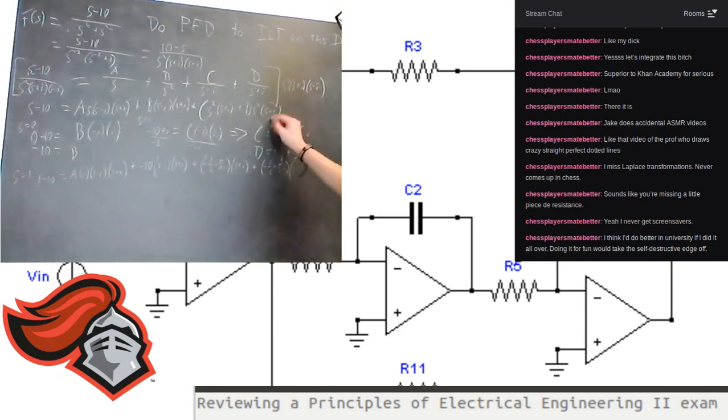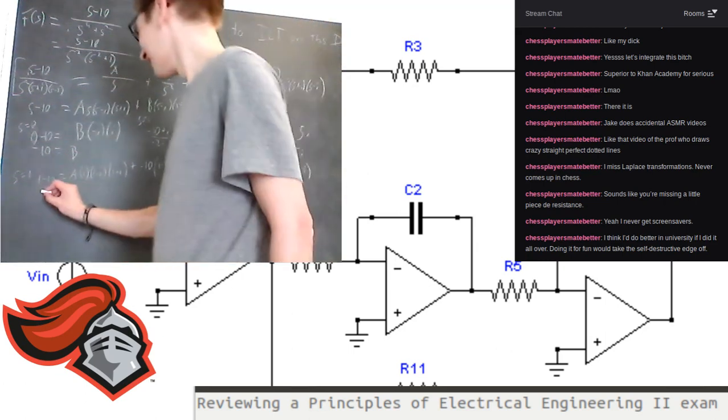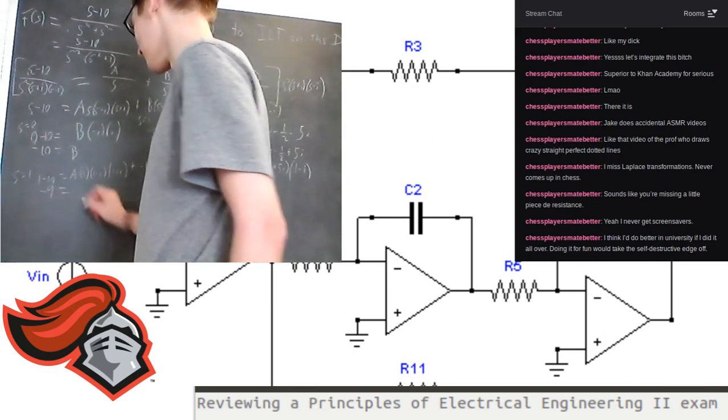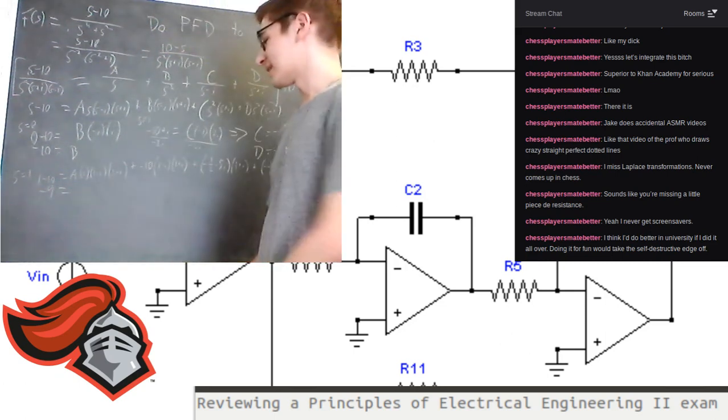And then you multiply that by s minus i, which is 1 minus i. All right, cool. So we get -9 equals 1 minus i times 1 plus i.